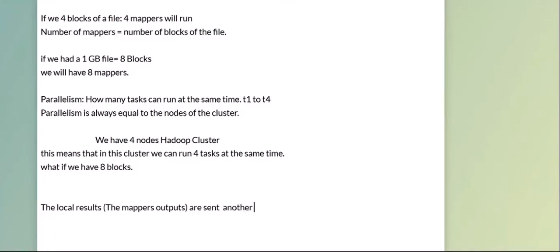By the way, this word another is very vague here, I'll tell you more about it. They are sent to another machine where we will get the global output. And what is the global output? This is the final output.